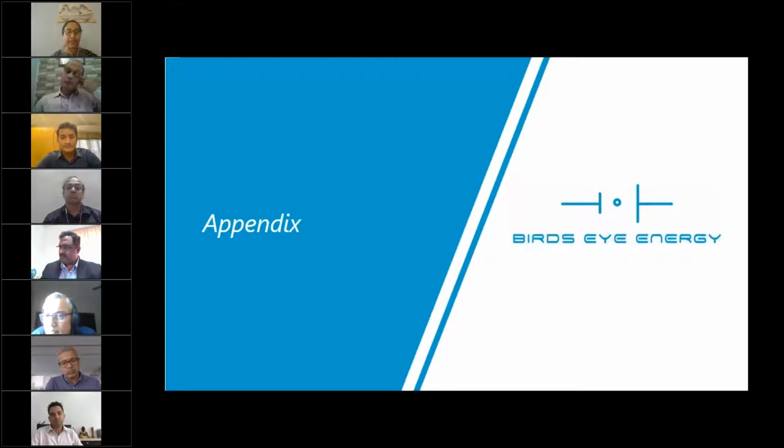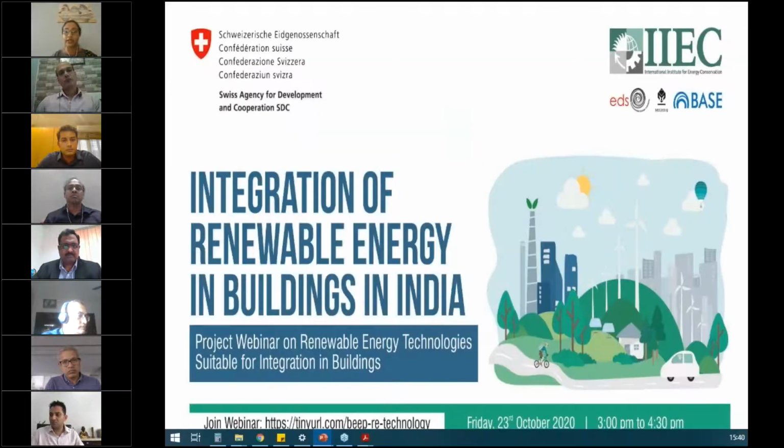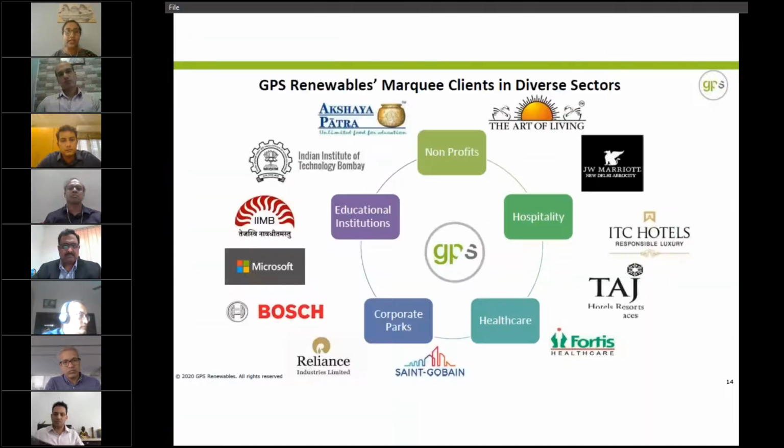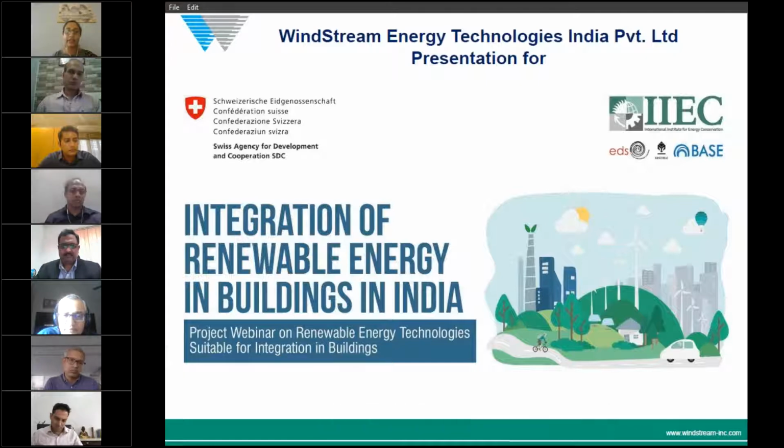Next, I have Mr. Venkat Kumar, who is Managing Director of Windstream Energy Technologies. Windstream has developed and tested the first of its kind integrated hybrid energy solution and is now marketing and selling solar mills to a worldwide consumer base in more than 35 countries. The solar mill is designed to generate power at the lowest possible wind speeds and, coupled with solar panels, can provide energy generation 24 hours per day and 365 days a year.